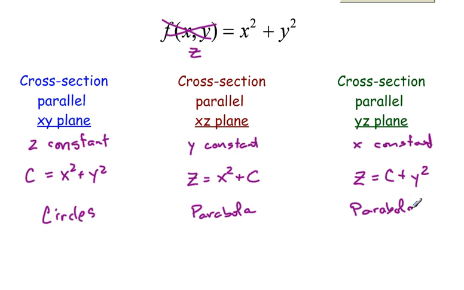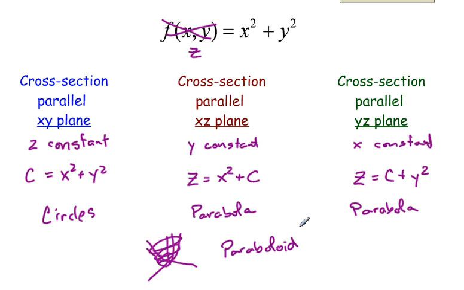Now you can think for a moment, what does this look like? If everything parallel to the xy plane is circles, so we've got circles going along, and these other ones are parabolas, you can imagine having parabolas this way, and I'll try and draw one this way, and the cross sections this way are circles, and this is what's known as a paraboloid.